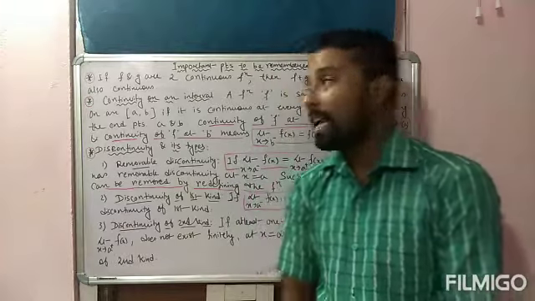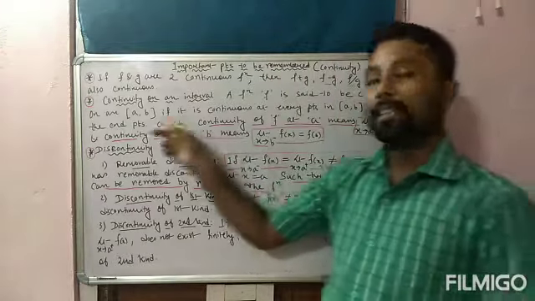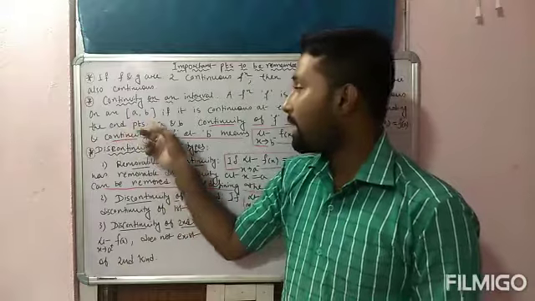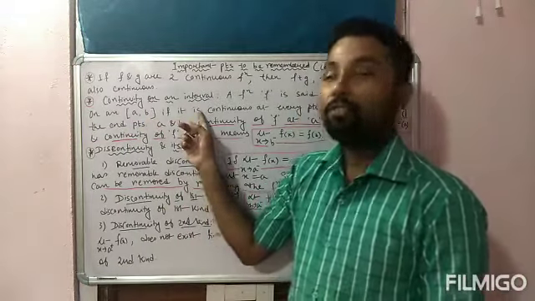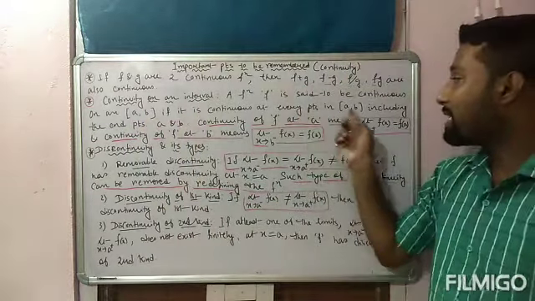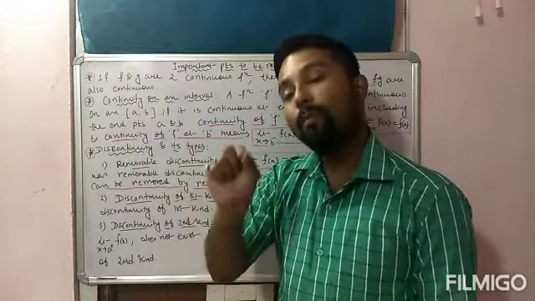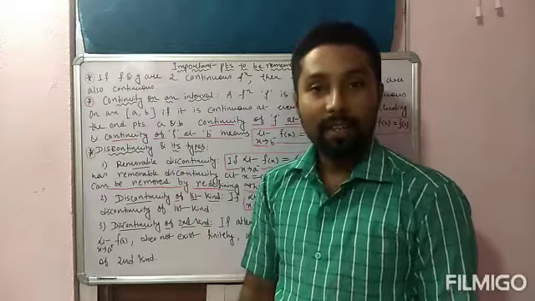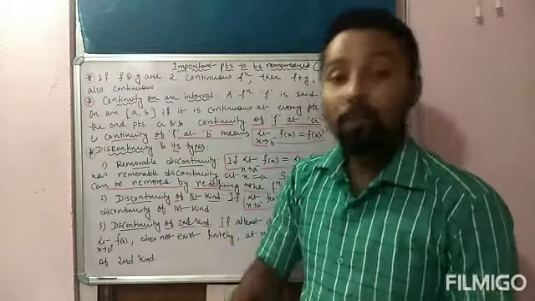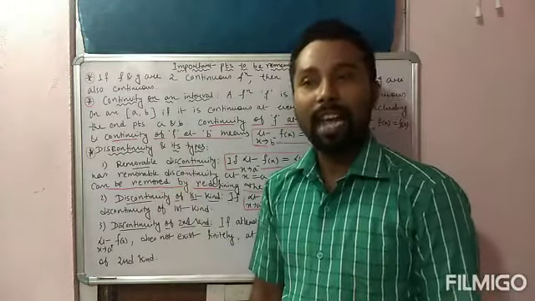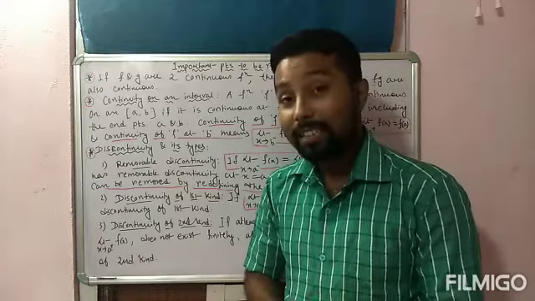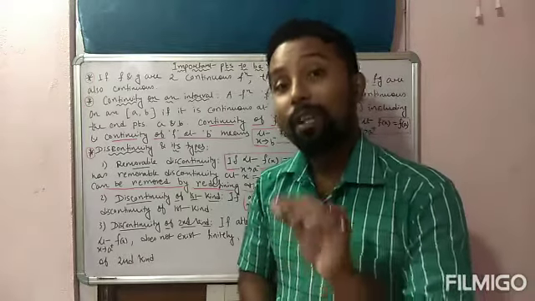So what is the meaning? A function f is said to be continuous on closed bracket a comma b if it is continuous at every point in a comma b. At every point means a और b के बीच में जो points रहेंगे वो सब point में भी वो function continuous होना चाहिए. And you know how to check the continuity at a particular point.